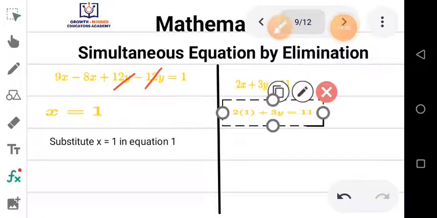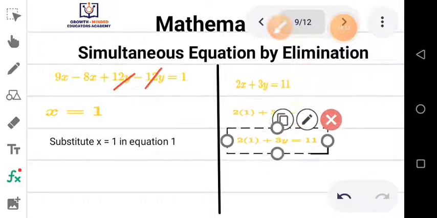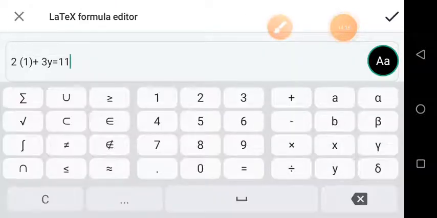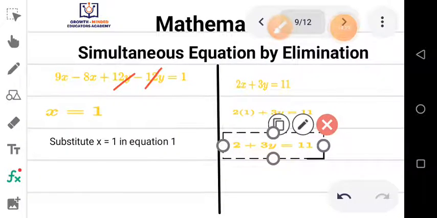So we have 2 brackets 1 plus 3y equals 11. If you solve this now, 2 times 1 is 2, you know that. So 2 plus 3y equals 11.